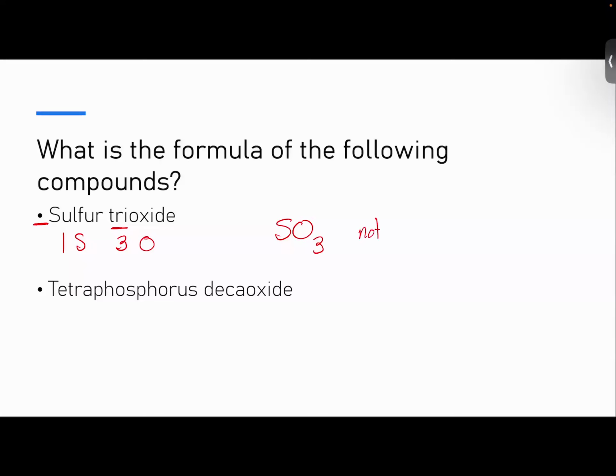Not to be confused with SO3 2-, which is the polyatomic ion sulfite. The only difference is, is it charged or is it neutral?